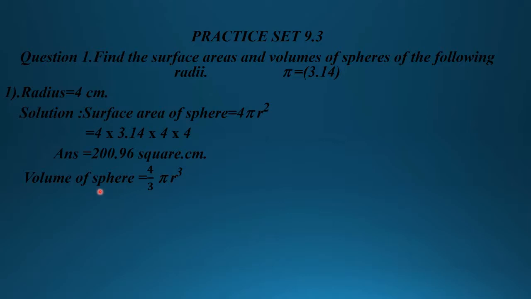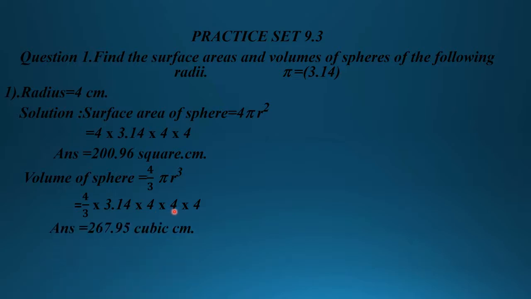Now, volume of the sphere with radius 4 cm. Volume of the sphere formula is 4 by 3 pi r cube. Substituting the value of pi and r, we are getting 4 by 3 multiplied by 3.14 multiplied by 4 multiplied by 4 multiplied by 4.